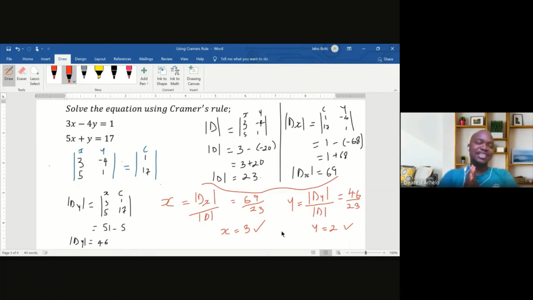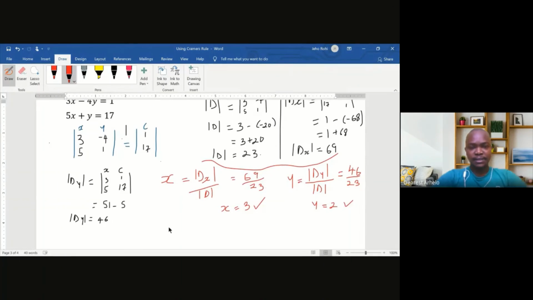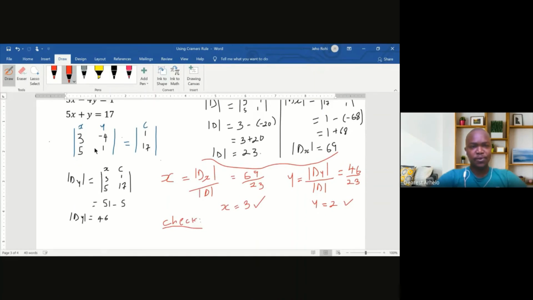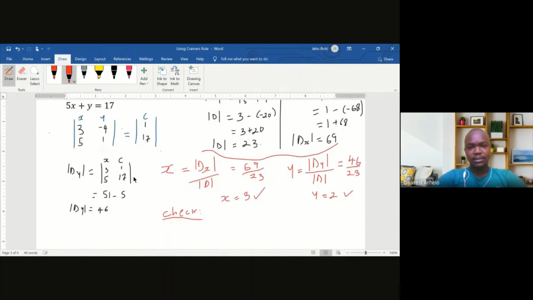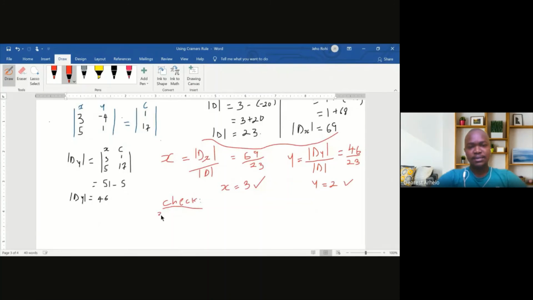Now, if you want to check if your answer is correct, you can put the values of x and y into any of these equations and you should get these constants. Let's do a check in the first equation. We have 3x minus 4y equal to 1.